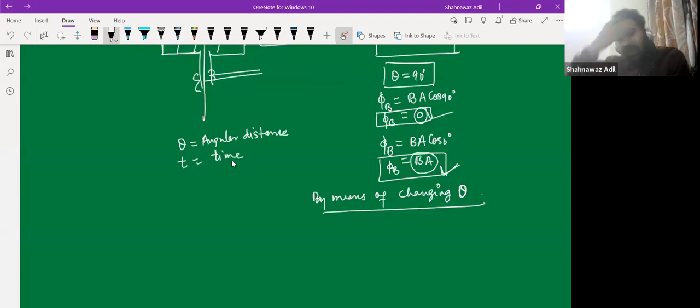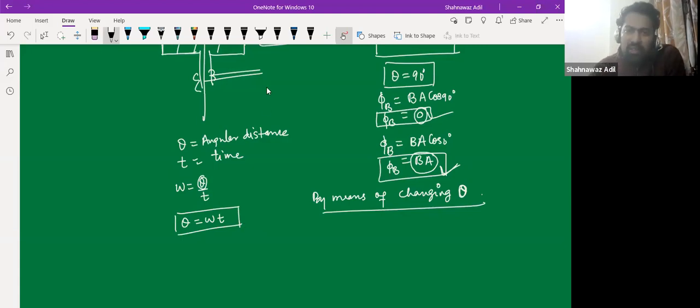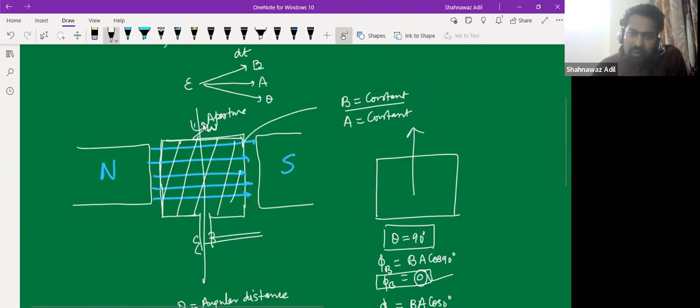So what is the angular velocity? Angular velocity is theta by t. So you can write your theta as omega t, right? Is it clear? Because this is the omega with which you are rotating this aperture.